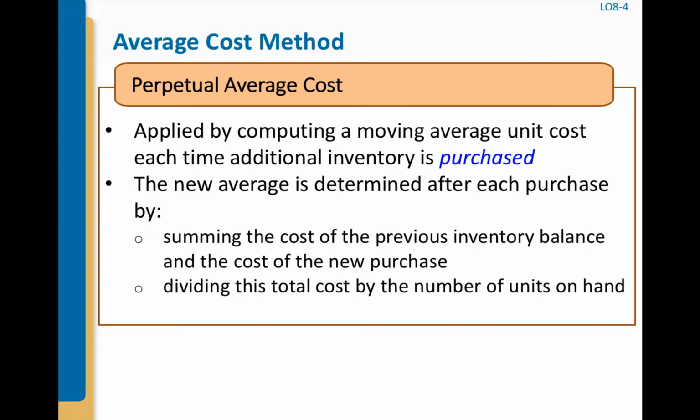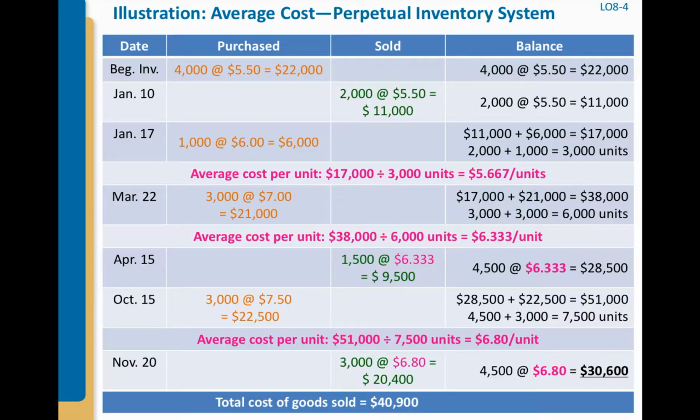So under perpetual, each time we add new inventory, we will recalculate the average that's there. So first inventory purchase right here, obviously no average needed because there's only one set of costs. Of that, we sold 2,000 units, and that was from that 550. Okay, so we have 2,000 left at that price point.